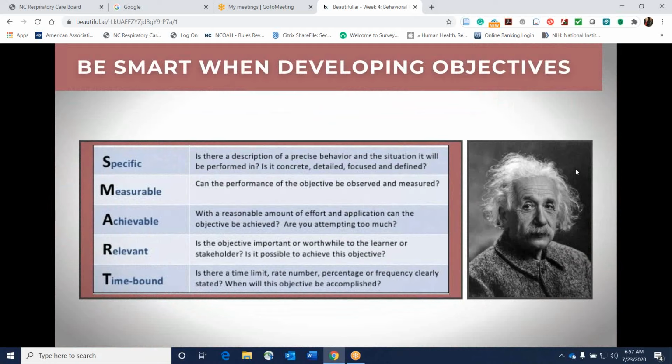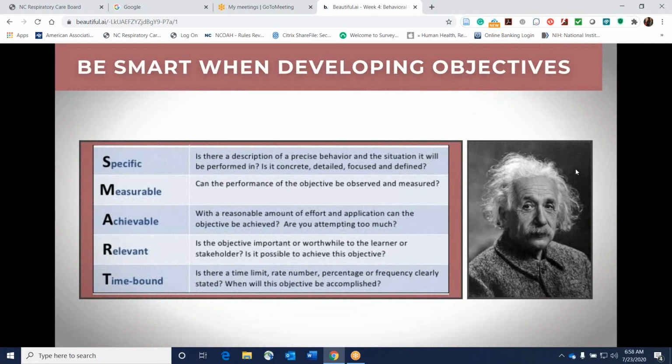If you're going to write an objective, the first thing is it's specific to your goal. Second thing is, can I measure it? Because sometimes people will write something that sounds really good, has nothing to do with their goal, and it's not measurable. Third, is it achievable?